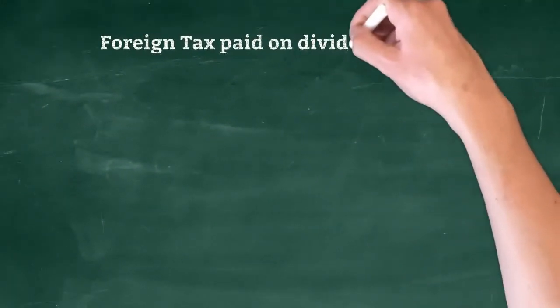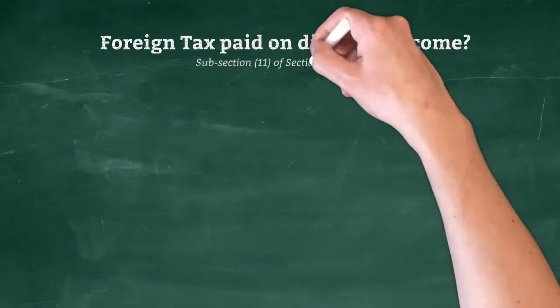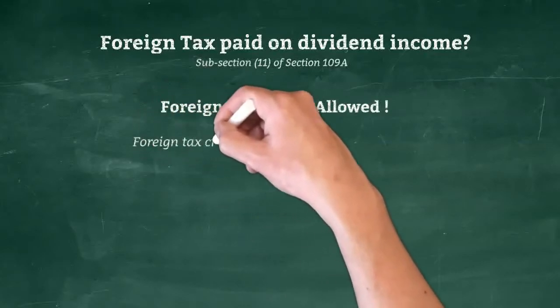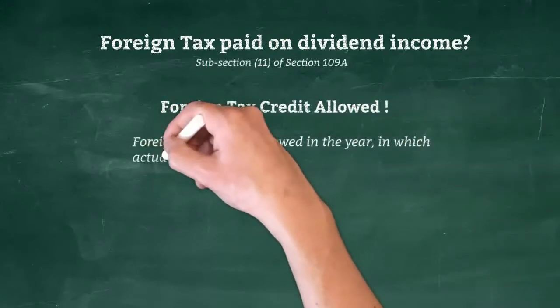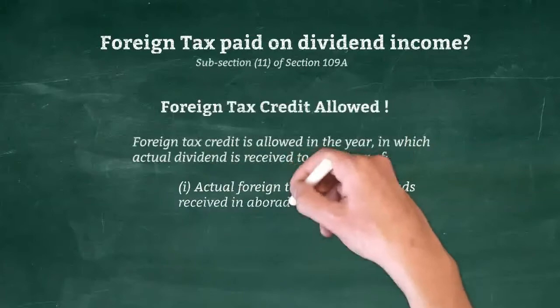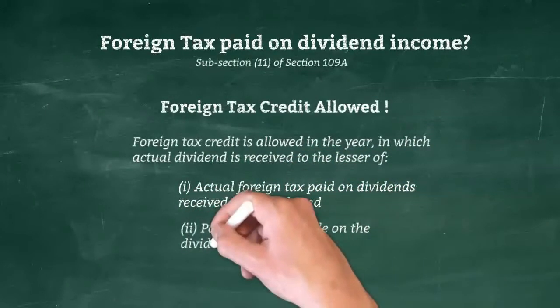The last and the important element of the regime is foreign tax paid. This foreign tax paid pertains to any tax that has been deducted by the CFC on distributing dividend income to the resident person. The law allows foreign tax credit in the year in which actual dividend is received and shall be allowed lesser of actual foreign tax paid and Pakistan tax payable on the dividend received.